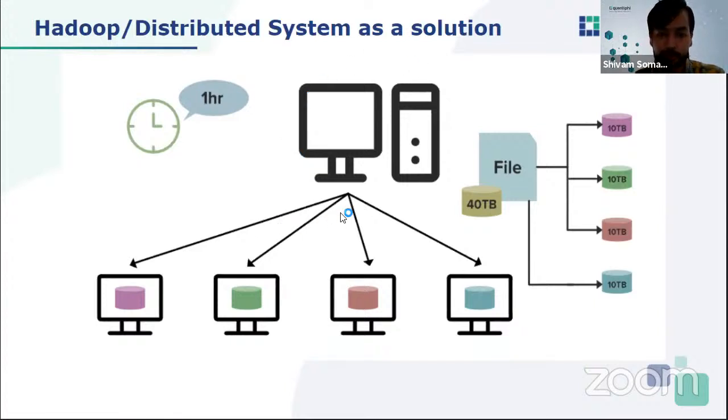It's not visible to the user, but in the backend everything is converted into small chunks of processes, and it happens in a very fast way, so the user won't realize it. Yeah, so basically this is the idea of Hadoop or a distributed system in the basic way.